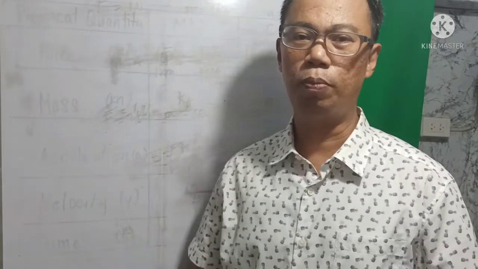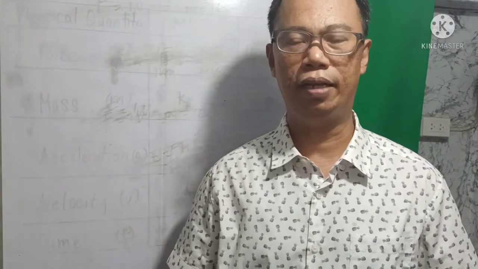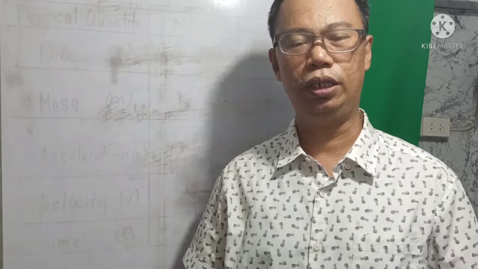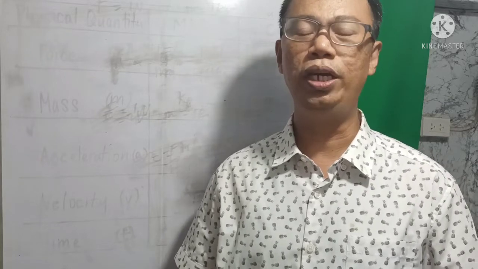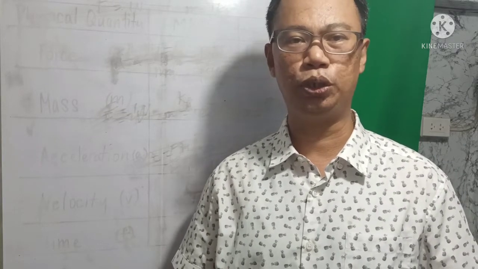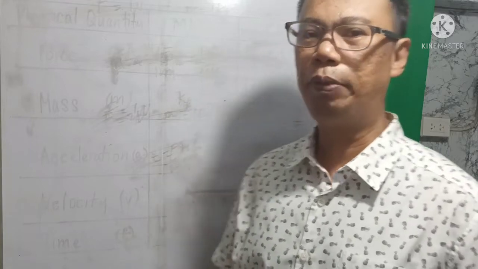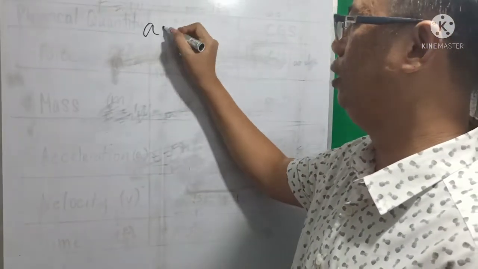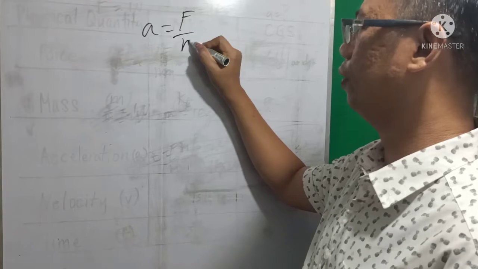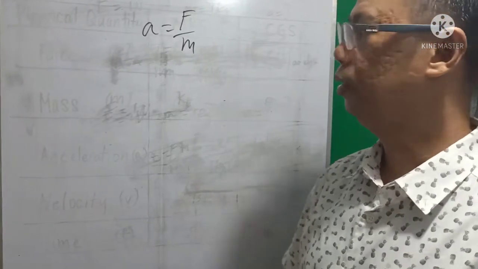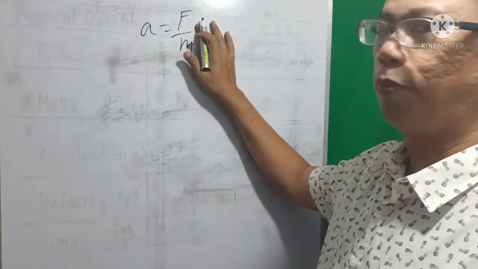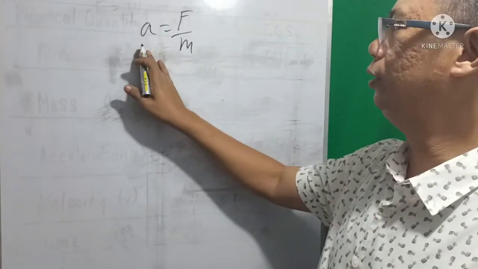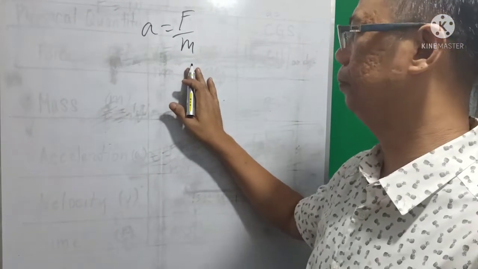In Newton's second law of motion, it is stated that acceleration is directly proportional to its force and inversely proportional to its mass. It is represented as a is equal to F over m. A is directly proportional to force and inversely proportional to mass.